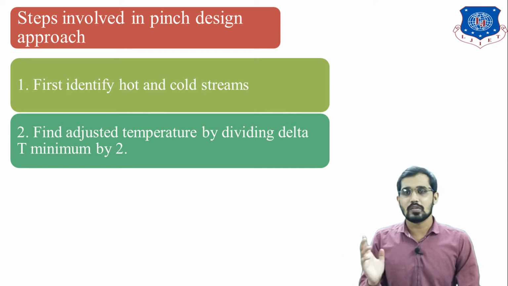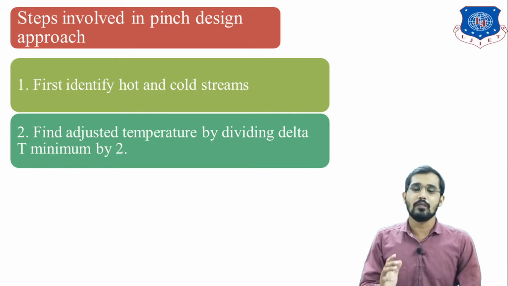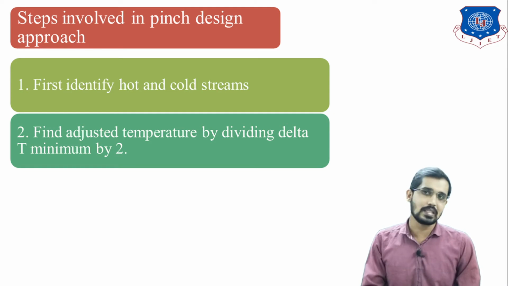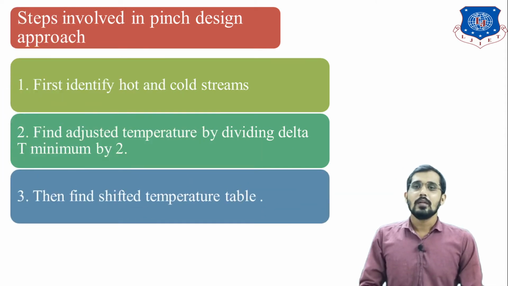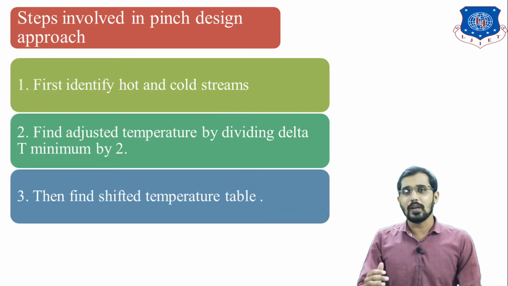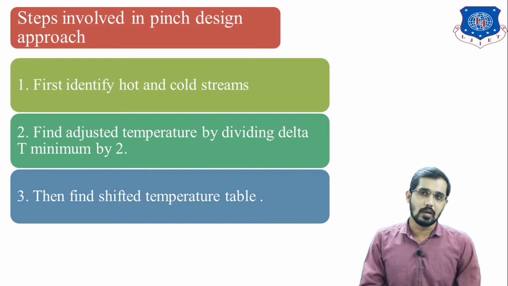In the last lecture, we solved a numerical on this topic where delta T minimum is 10 degrees Celsius and the adjusted temperature is 10 divided by 2, equal to 5 degrees Celsius. The next step is to find the shifted temperature table.